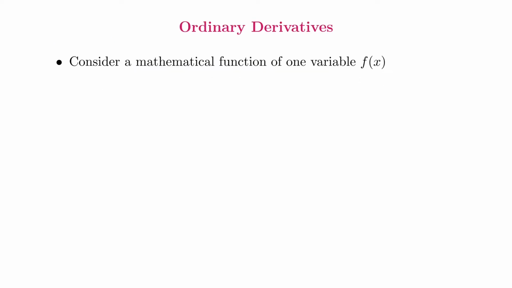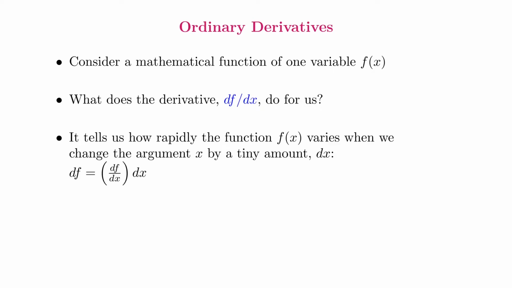Ordinary derivatives. Let's consider a mathematical function of one variable f(x). What does the derivative df/dx do for us? It tells us how rapidly the function f(x) varies when we change the argument x by a tiny amount dx.